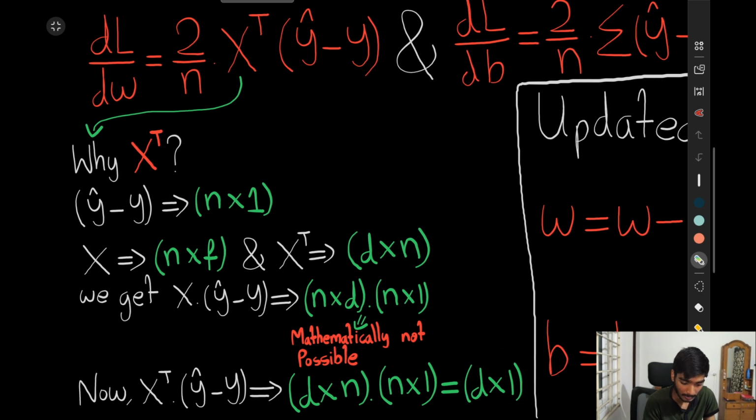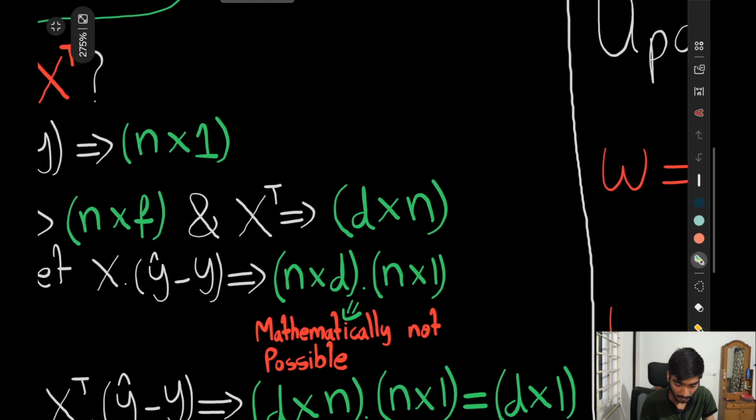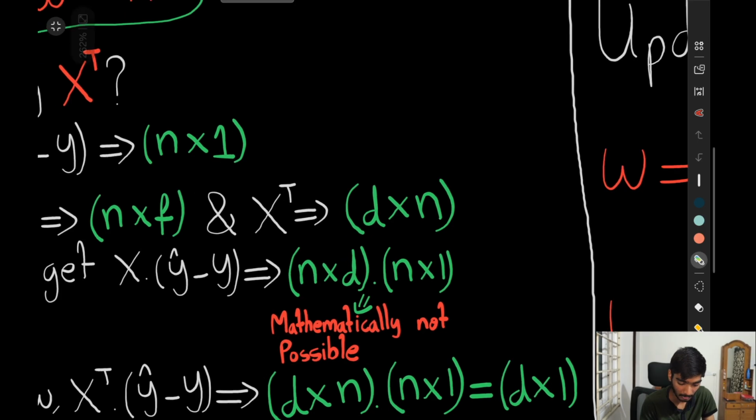So here our y cap minus y matrix is of dimension n cross 1 and x is of dimension n cross f. So when we multiply these two, we get n cross f dot n cross 1. As we can see, the inner dimensions are not the same. We cannot perform this matrix multiplication. So this is mathematically not possible.